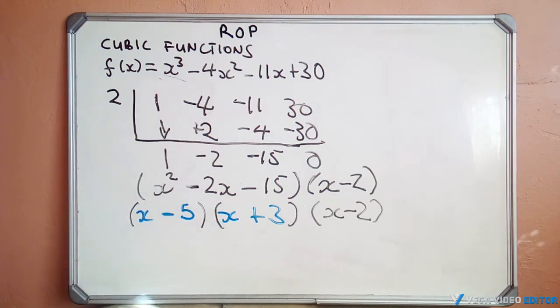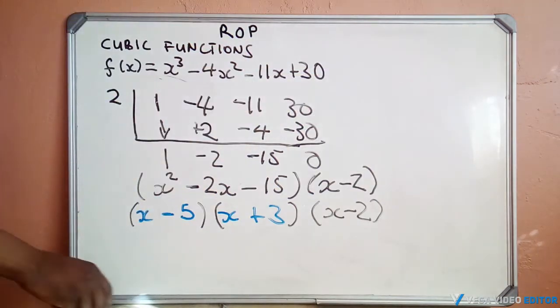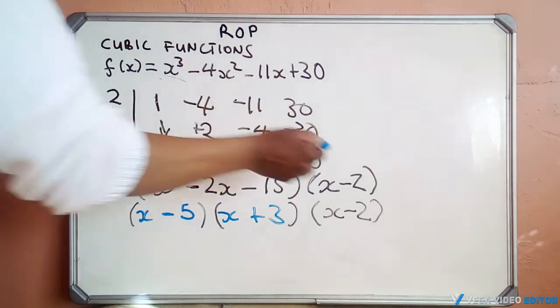polynomial. Now this also will give us the x-intercepts. Now, I'll just write them down on this side of the board. If we take x, remember this is all equal to 0.